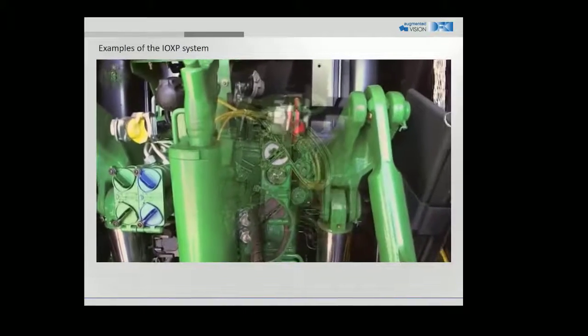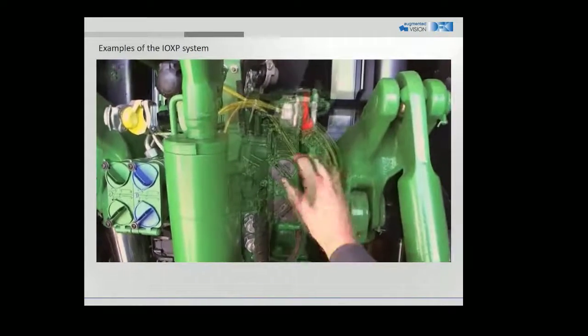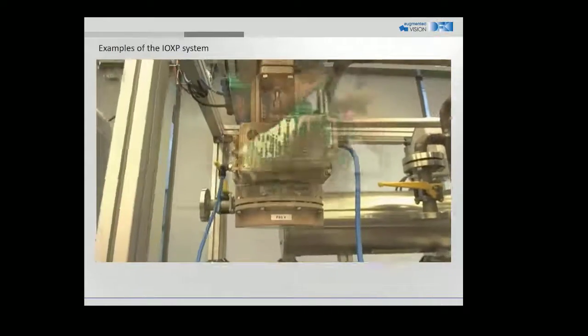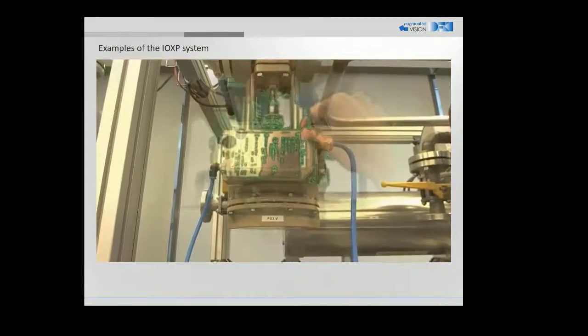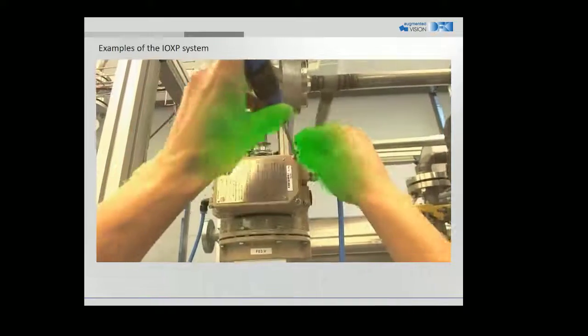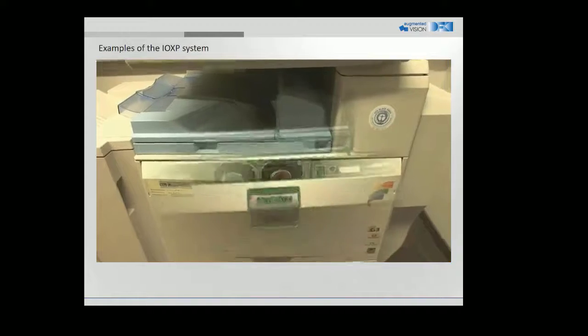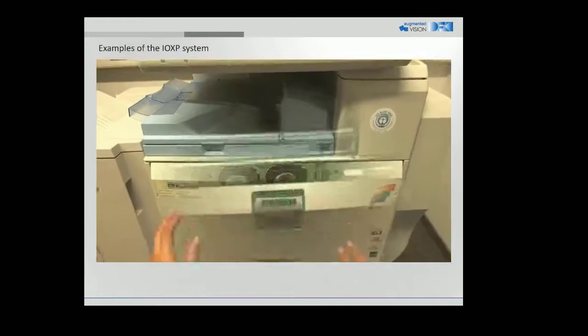The research has shown that training with augmented reality is more interesting and has better effects on the people who are using it, but there is just a lot more to be done.